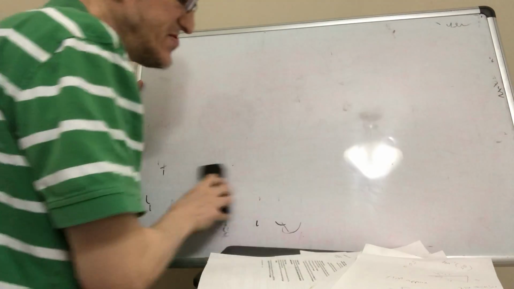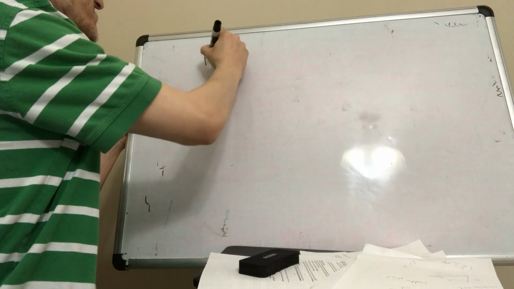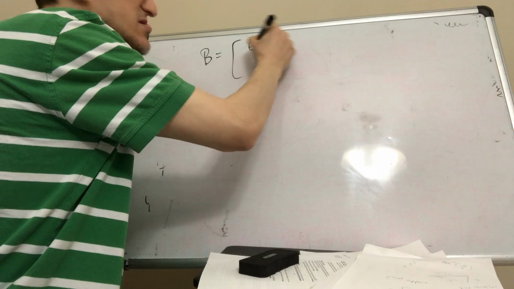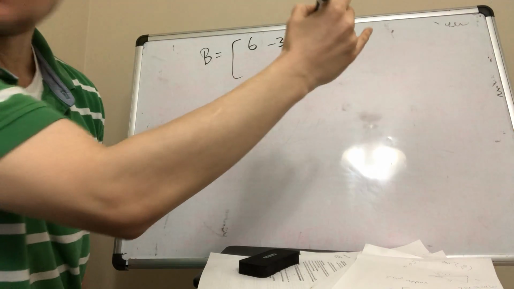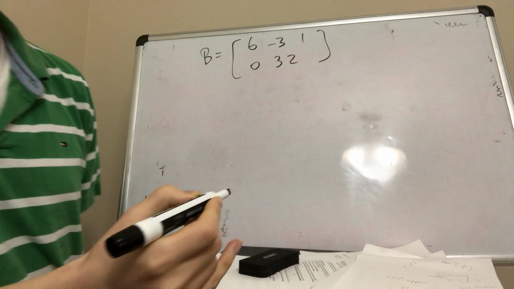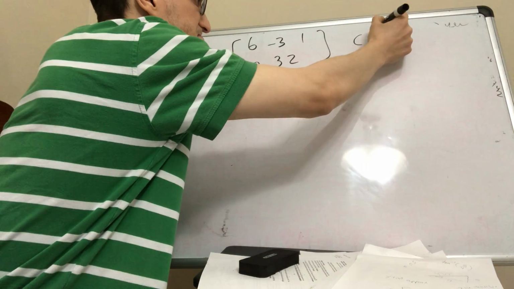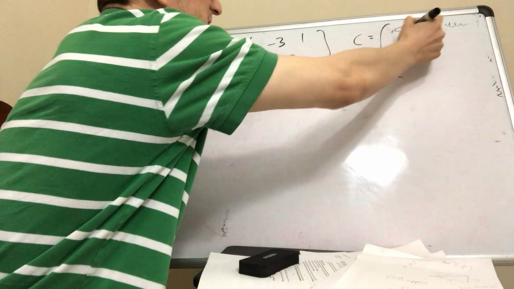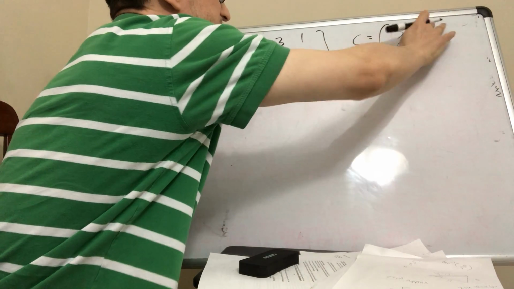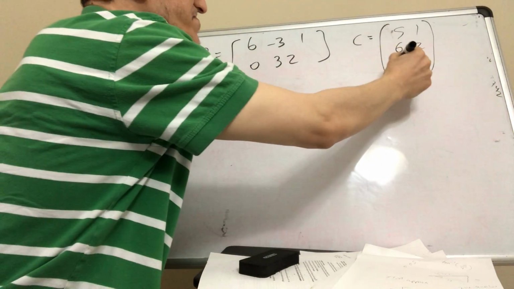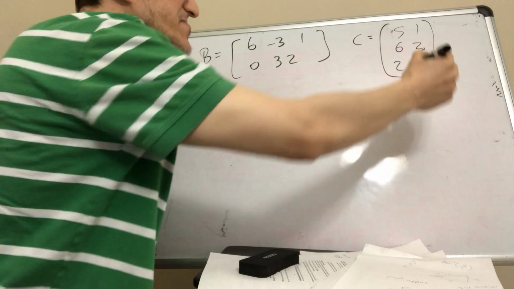But in question 3, for example, in your assignment, you had a B matrix, 6, minus 3, 1, 0, 3, 2, and you had C, 5, 1, 6, 2, 2, 4. In fact, that was a 3.